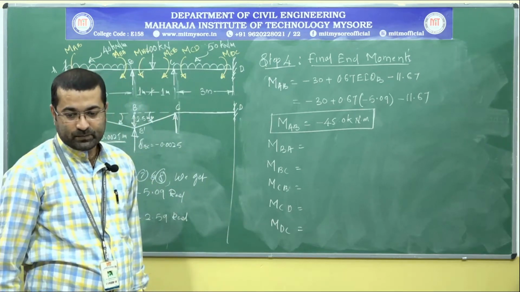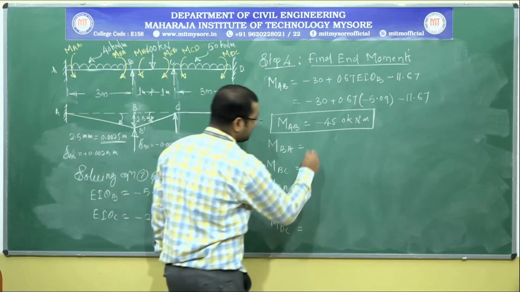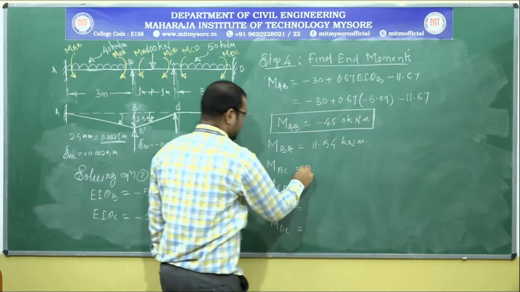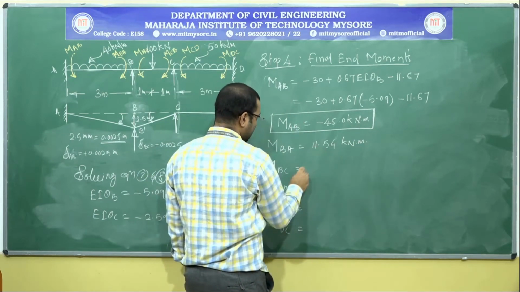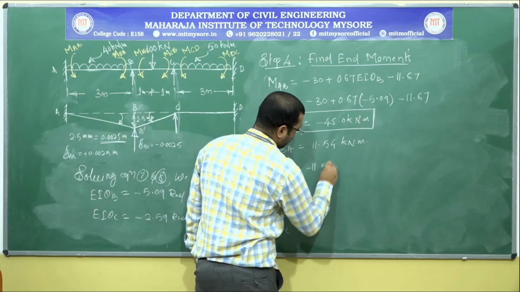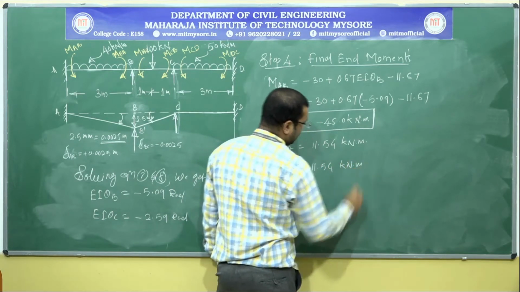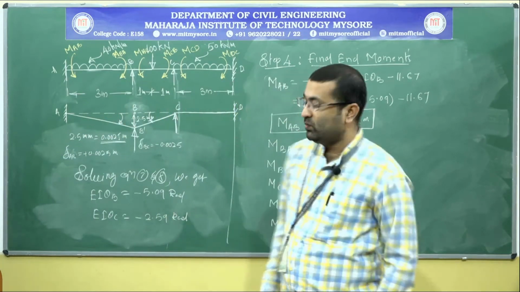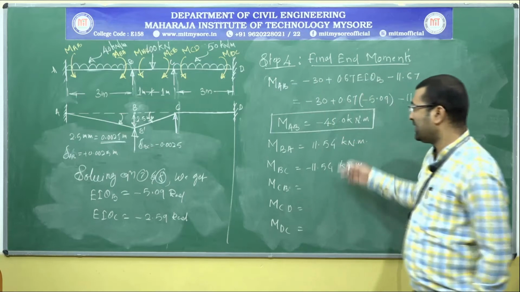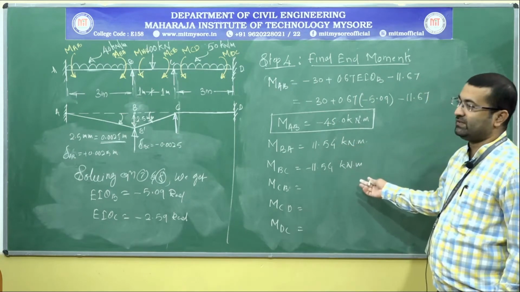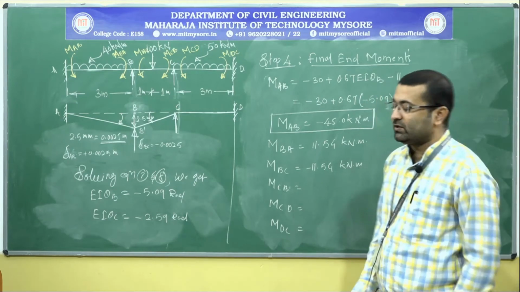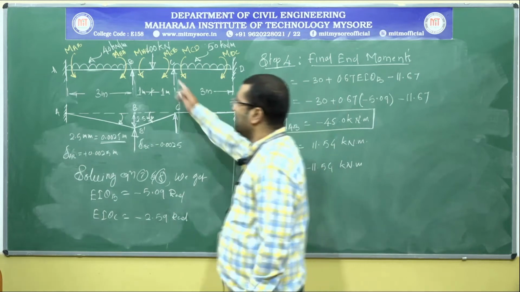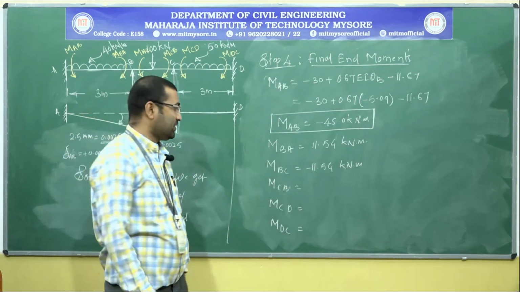MBA will be 11.54 kilonewton meter. So MBC will be exactly equal and opposite, so it is minus 11.54 kilonewton meter. Maybe due to the error in considering the decimal values, you may get some small variations like 11.54 and 11.53 or 11.52. There are small variations in the final values, but they have to be equal and opposite so that we can satisfy the equilibrium conditions.